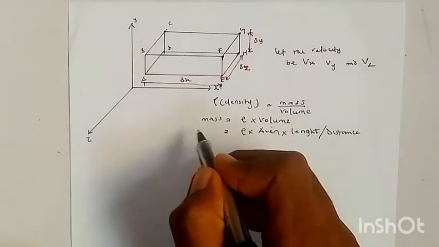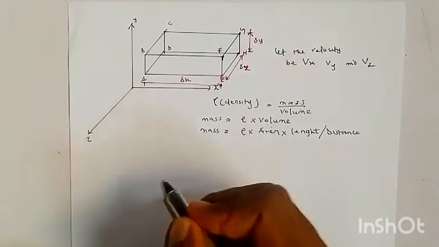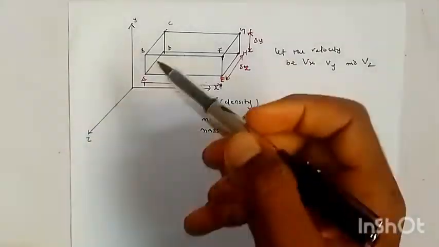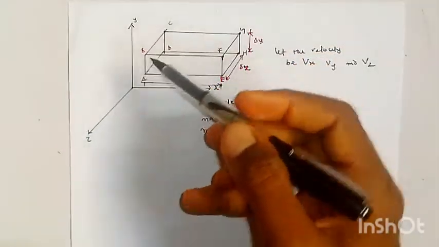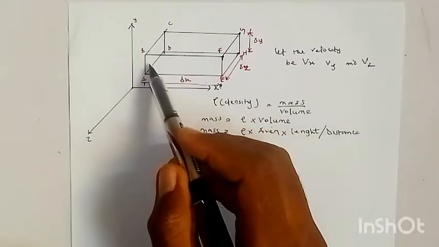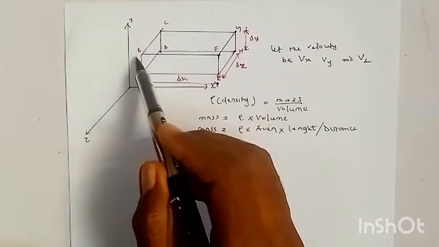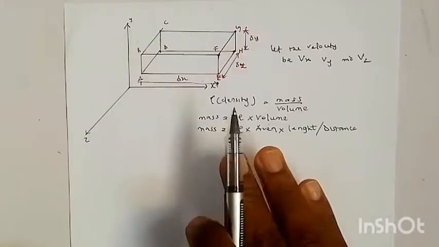So now since I'm looking for my mass flow rate, the rate of flow of my mass per unit time into this face, I'm considering this face A, B, C, D at first, into this face and out of it. That is the formula I want to calculate.